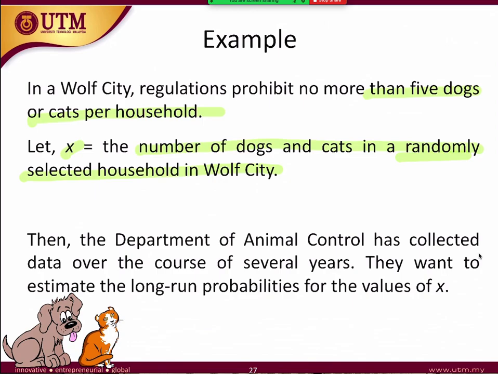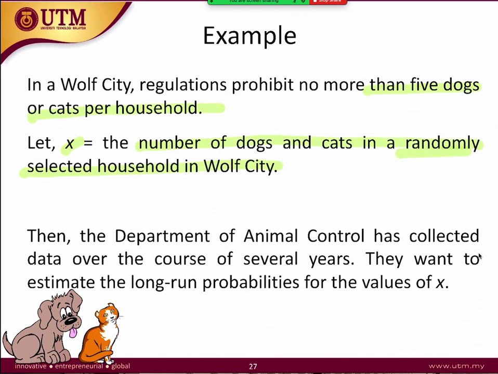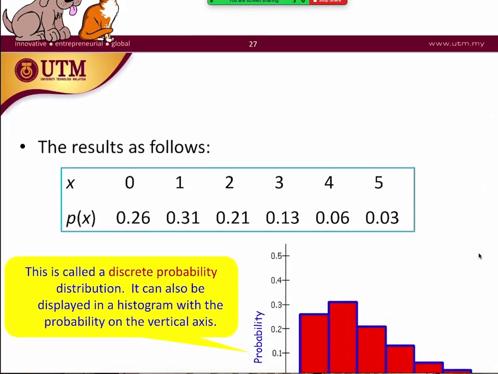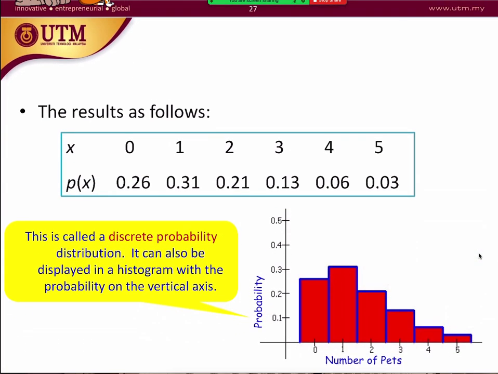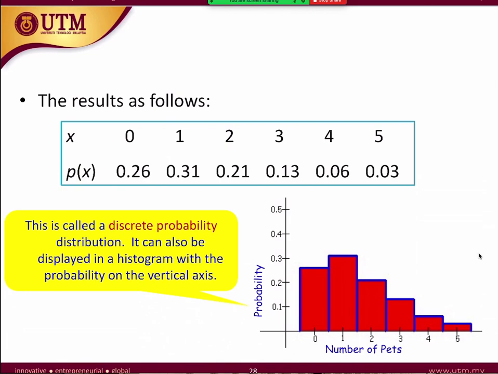Now they want to estimate the probability, let's say in another 5 years, of the number of cats and dogs in a certain household. Based on their survey, there is a probability of 0.6 that a household does not have any cats or dogs.